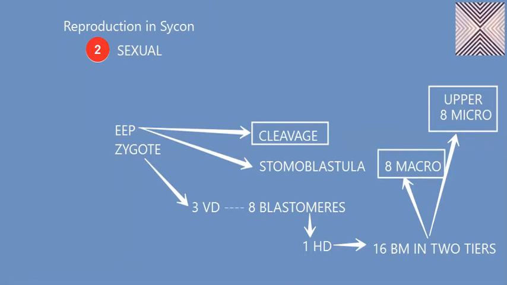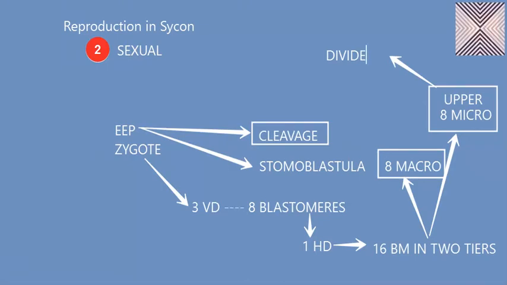So you should emphasize this point. The upper 8 micromeres divide mitotically and form many cells. So they are dividing and forming many micromeres.